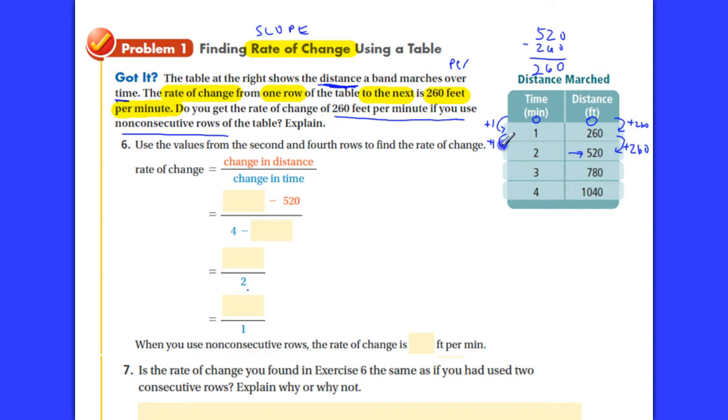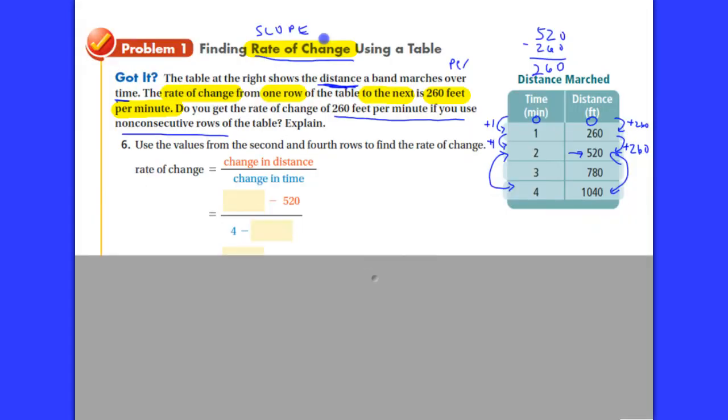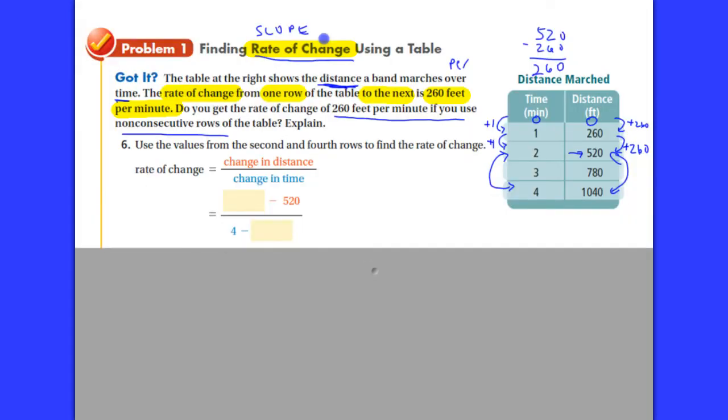This question is asking, what if I skipped from here to here and compared those two pieces of data? Would I get the same rate of change, the same amount of distance changing per minute? That's what they're going to have us calculate here in number 6. So what I'm going to do, just to help myself, is put up my shade and go one piece at a time.